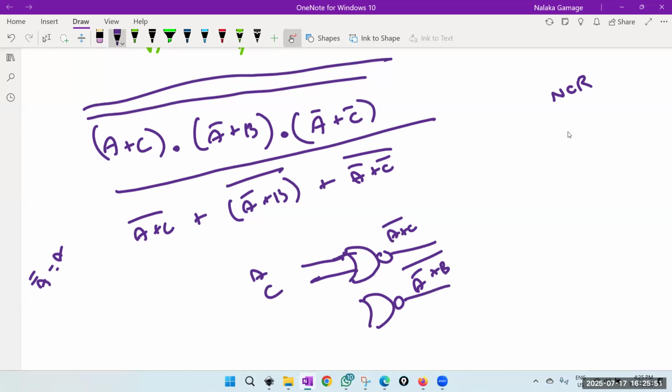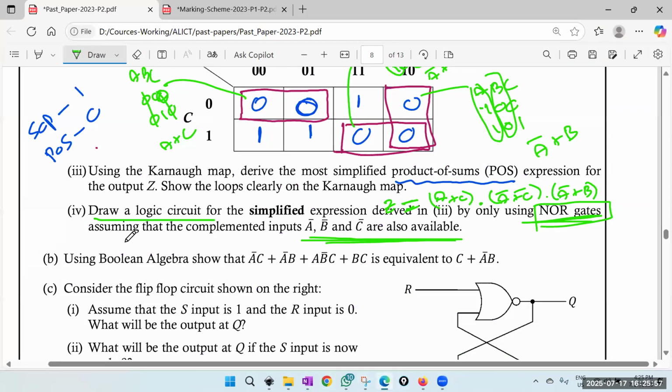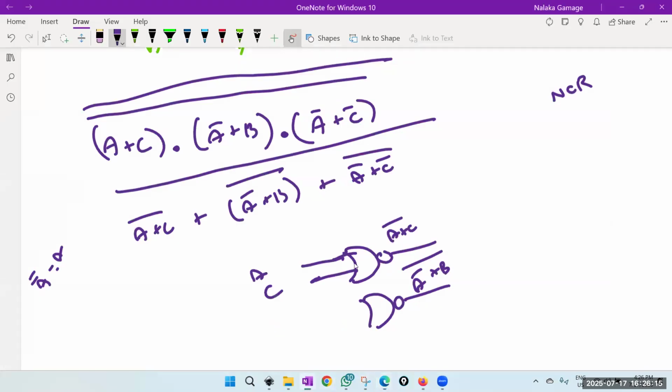Of course I can do it, but I don't need to because the examiner says to assume that. Let's read the question again: assuming that the complement inputs are also available. So you don't need to convert into bar. You can assume that you have A, B, C and A bar, B bar, C bar, altogether six inputs. That is just to make our life easy, I hope.